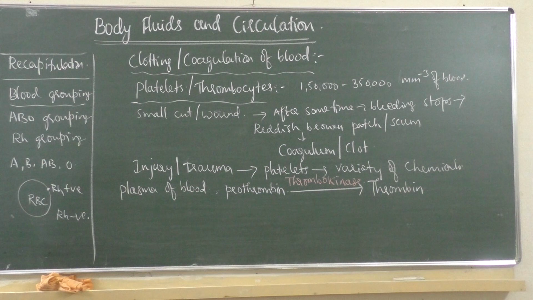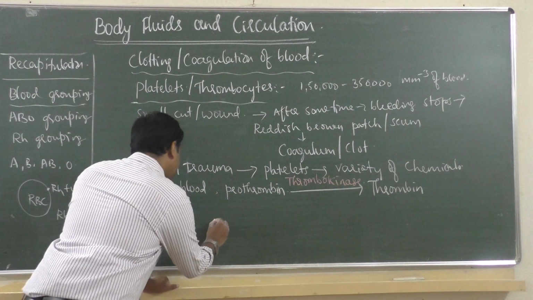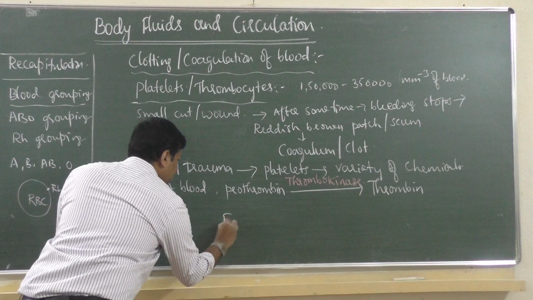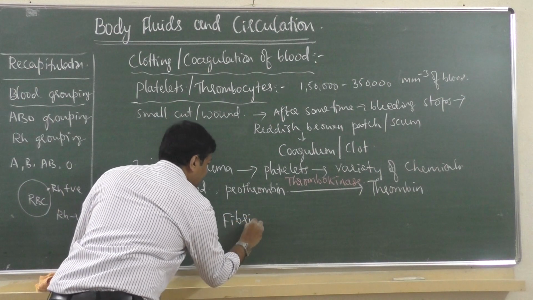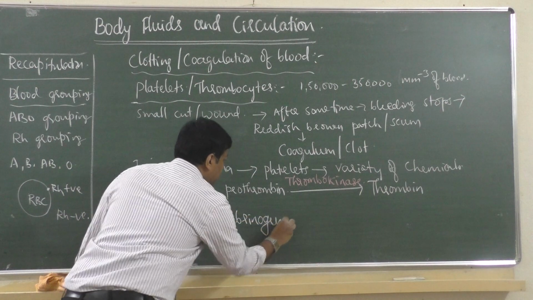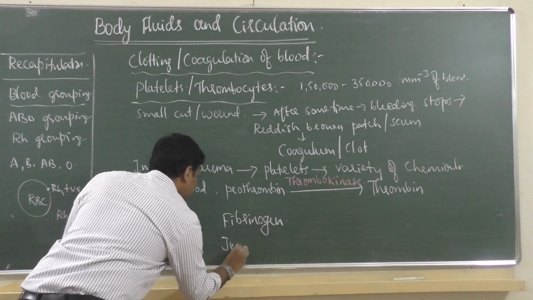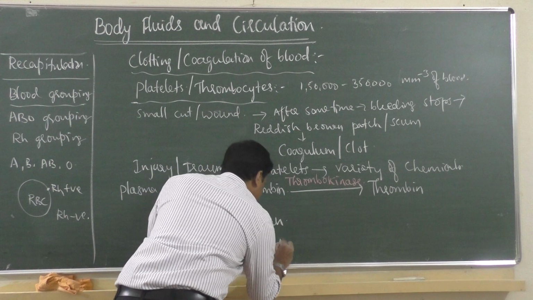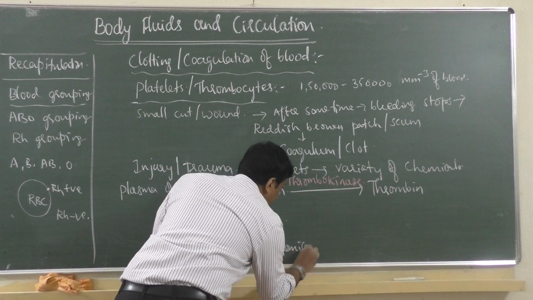Then one more inactive substance present in the plasma is called fibrinogen. Fibrinogen is an inactive chemical produced in the plasma.